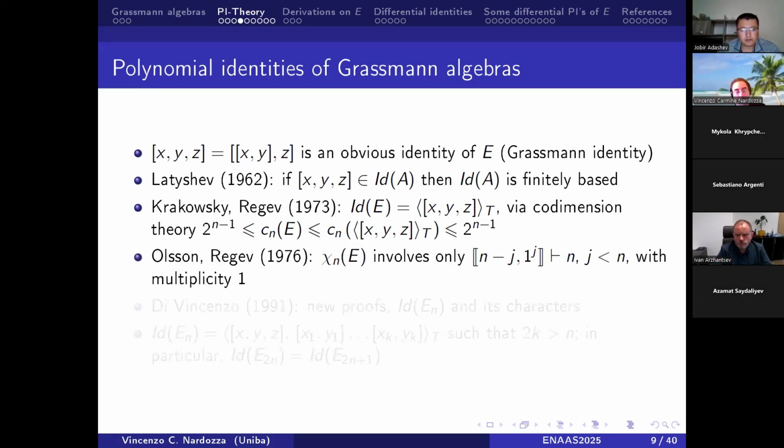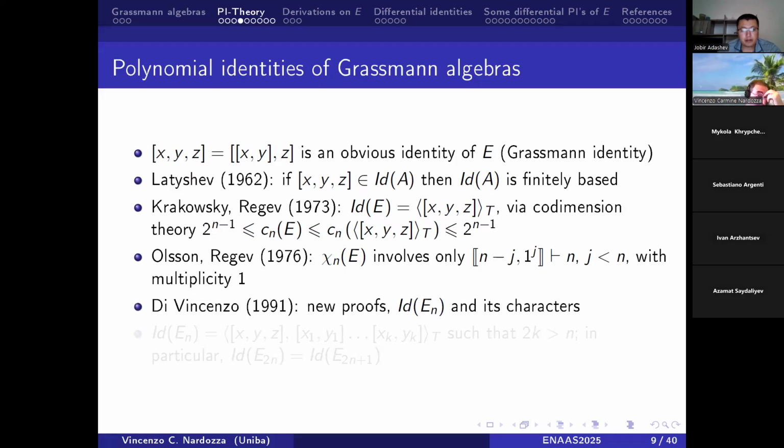Years later, Olsson and Regev described the structure of the ideal of the Grassmann algebra. Its nth cocharacter involves a sum of irreducible S_n modules constituted by hooks of width 1, a column, and with height 1, each with multiplicity 1.